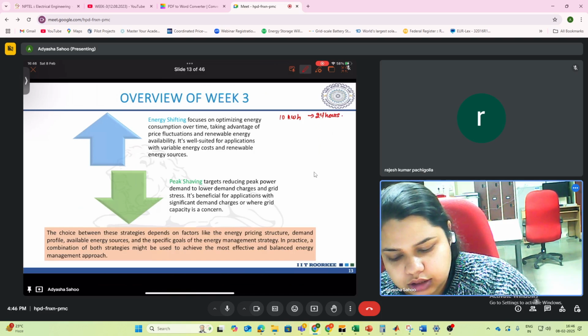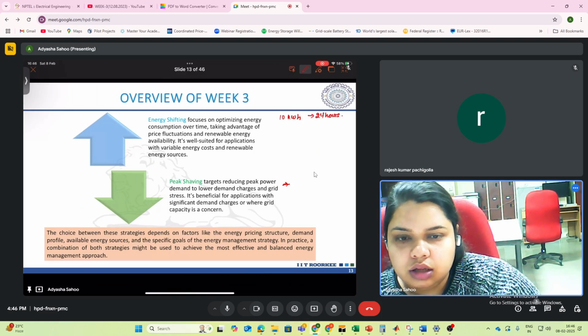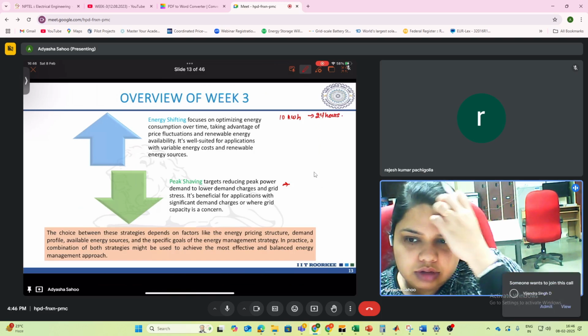Then in peak shaving, we want the peak demand on the grid to be reduced, or the price will also be reduced, and hence the grid will be relieved from the stress.